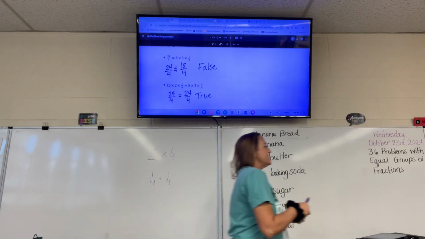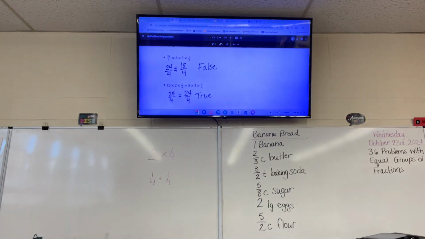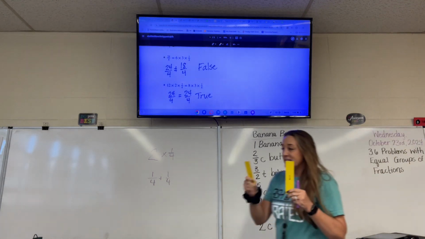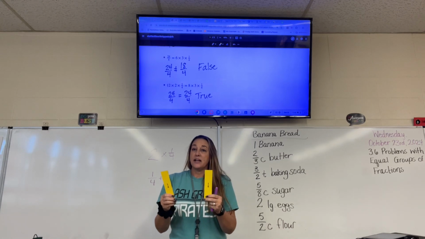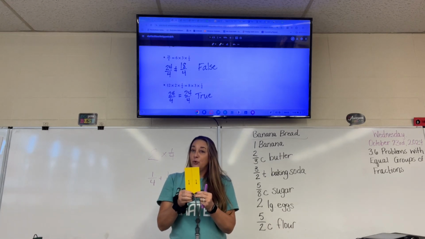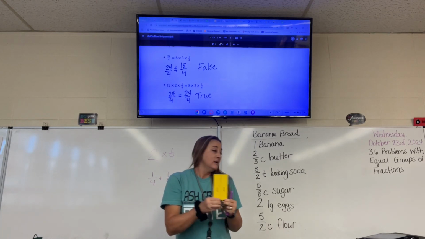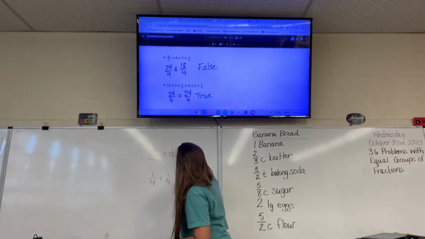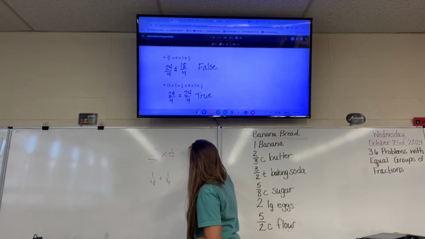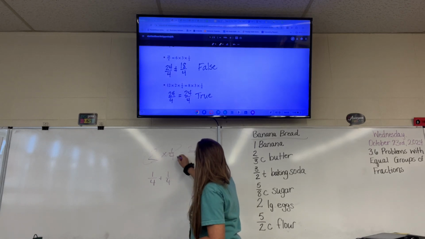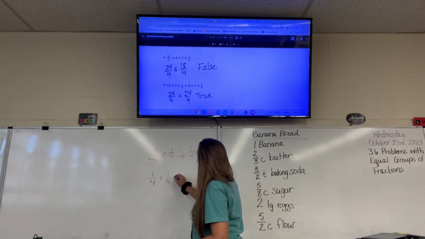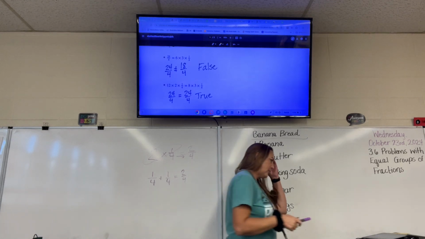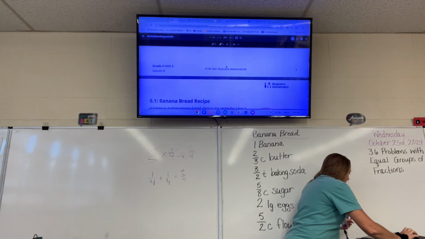And if I add together a 1/4 size piece plus a 1/4 size piece, I would get 2/4 size pieces. So the way that I've shown you to do it, by going 2 times 1 and getting 2, and then keeping the denominator the same, is just kind of a shortcut. Does that make sense? Okay, so go ahead and turn.